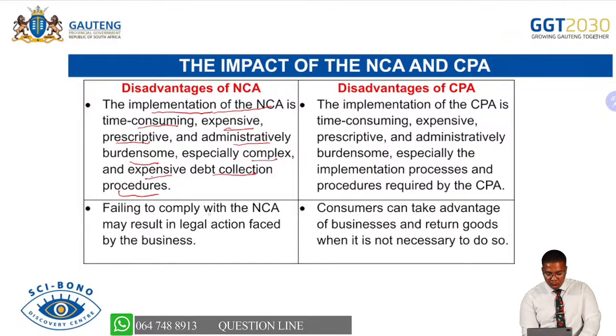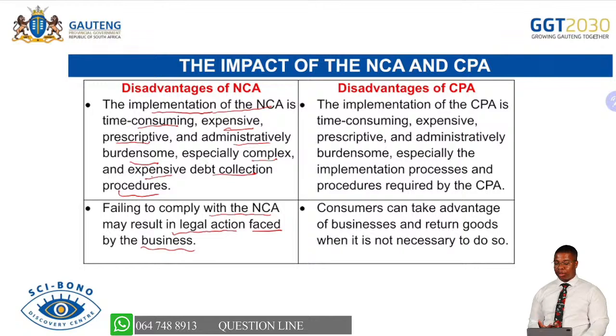And then failing to comply with the National Credit Act may result in legal action being faced by the business. Because here we are talking about business and the consumer. So legal implications would then be serious, meaning the punishment is going to be serious, because then the business is taking advantage of consumers. So this would be the negative.